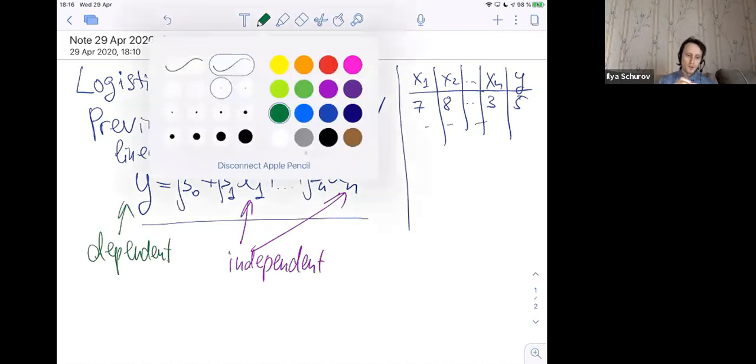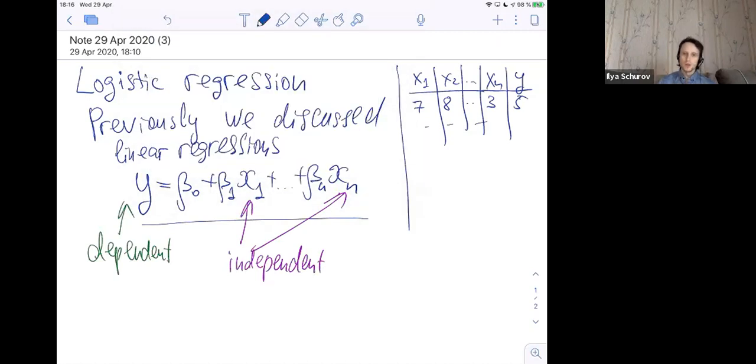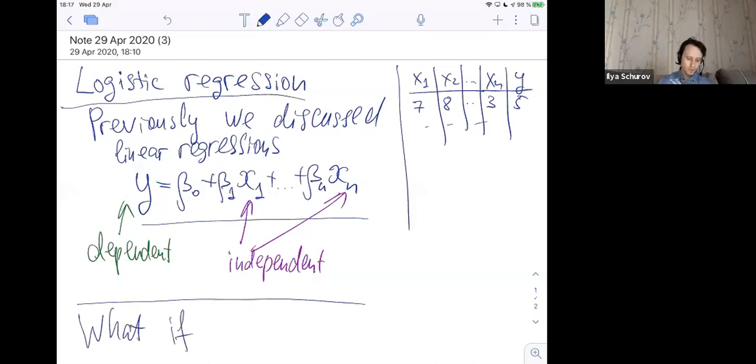So previously we discussed what happens if we have some categorical independent variables. But now I want to discuss another option. What happens if y is a categorical variable? What if y is categorical?